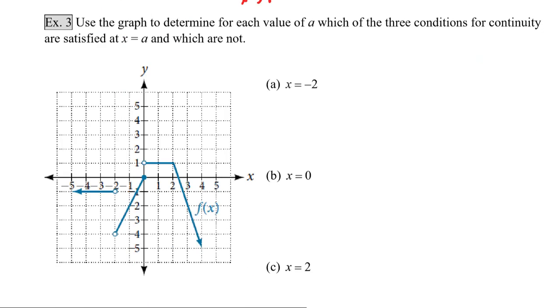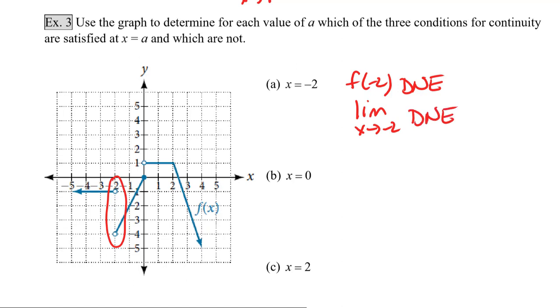Example 3, use the graph to determine for each value of a, which of the three conditions for continuity are satisfied at x equals a and which are not. So when we look at x equals -2, we can see that we're not continuous primarily because f of -2 does not exist. Additionally, because the left and right hand limits do not equal each other, the limit as x approaches -2 also does not exist.